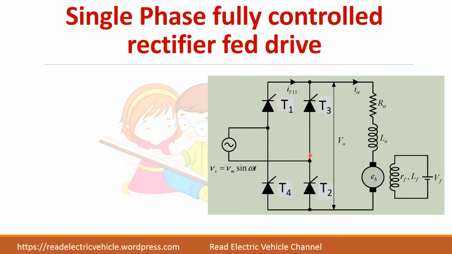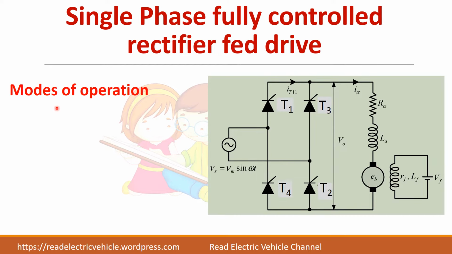By changing the firing pulses of these thyristors, the output of the fully controlled rectifier will change. This output will be given to the motor, so by changing the firing pulses, we are able to change the voltage applied to the motor.